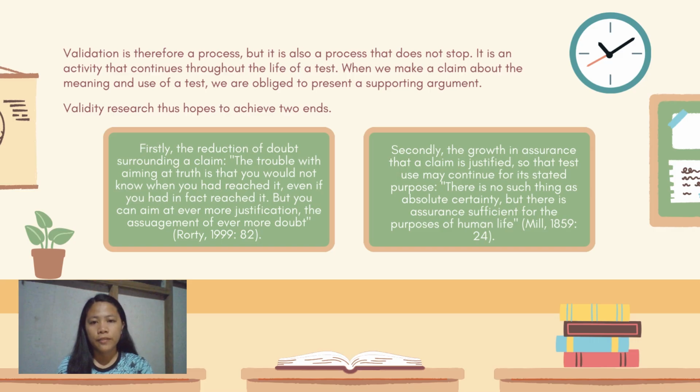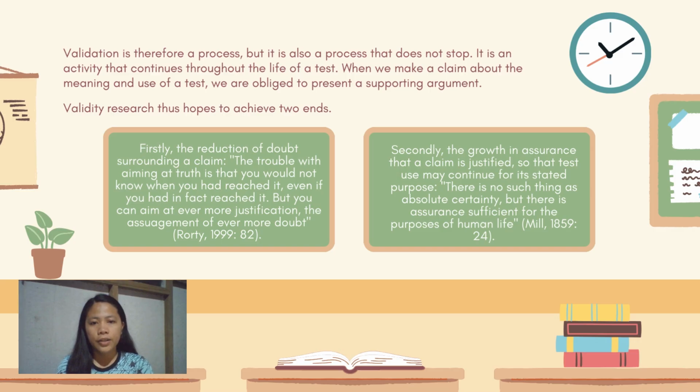Validation is therefore a process, but it is also a process that does not stop. It is an activity that continues throughout the life of a test. When we make a claim about the meaning and use of a test, we are obliged to present a supporting argument. Validity research thus hopes to achieve two ends.